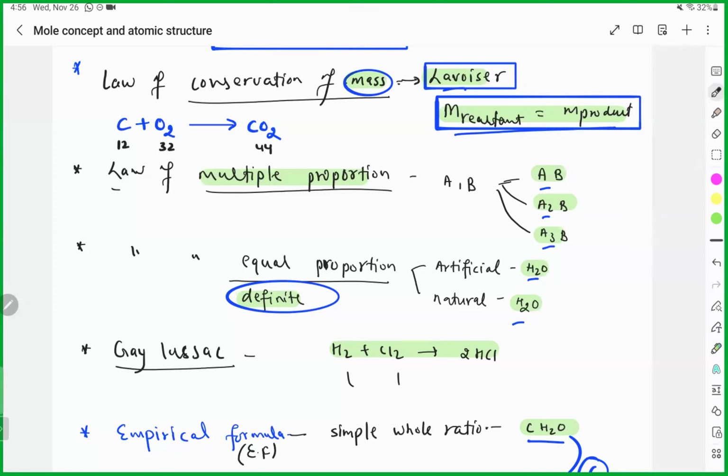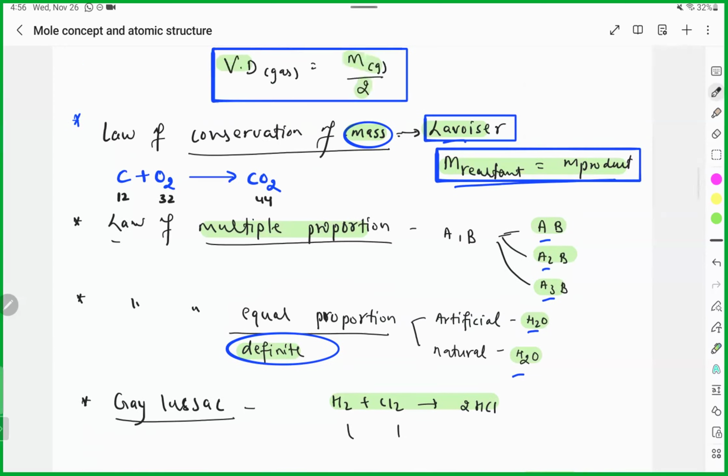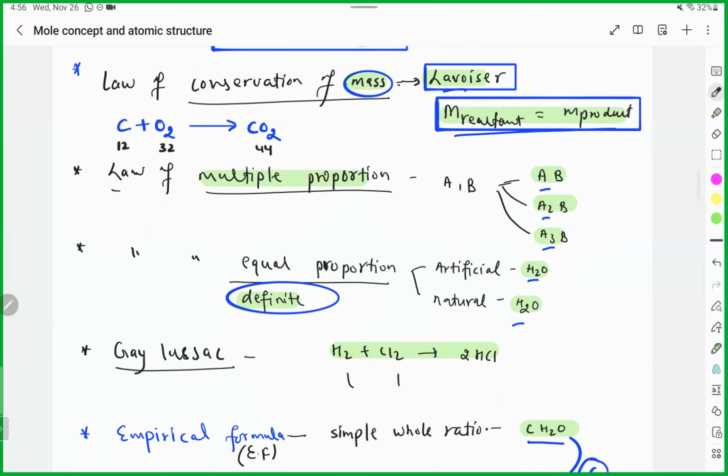If you consider only mass, then it is an exception. But according to Einstein's equation, E equals mc squared, mass can get converted into energy, and energy can get converted into mass. So no doubt there is an exemption, but if you consider energy and mass interchangeable, then you will understand this.